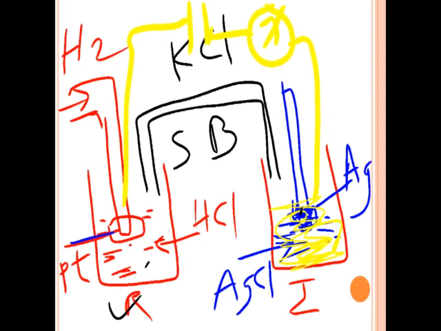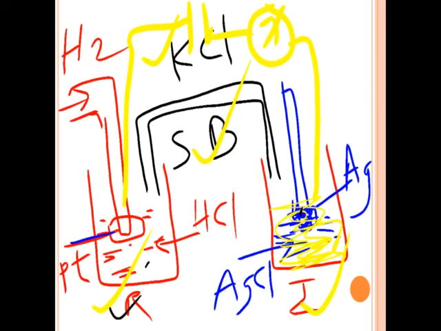So this is the complete instrumentation in potentiometry. Are you getting my point? This is the reference electrode, this is the indicator electrode, this is the salt bridge, and this is the circuit consisting of a battery along with a voltmeter to measure the potential difference changes across the electrodes.